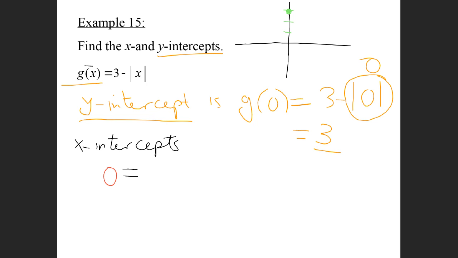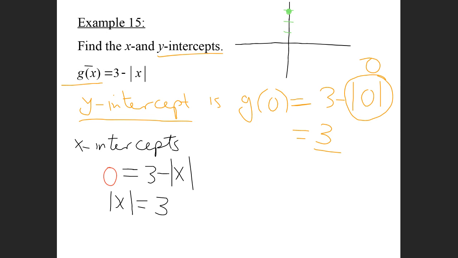And you have to solve this equation. You have two solutions. We learned how to do the absolute value last time. So move this absolute value to this side, or the 3 to the other side, as you wish: absolute value of x equals 3.